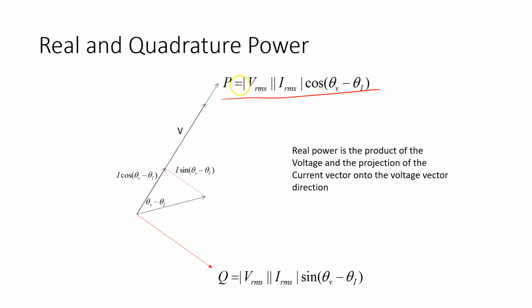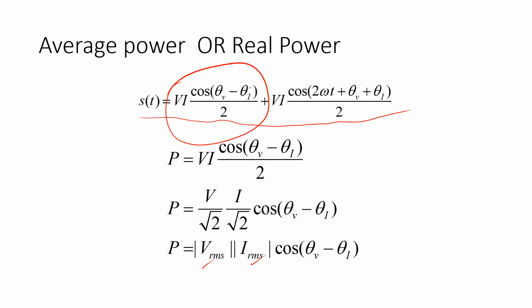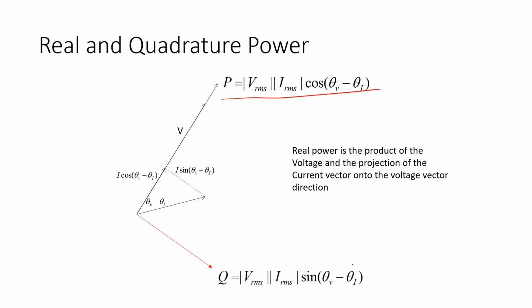Now, here you'll see why, if I go back up, here you'll see why we chose to use the RMS voltage as the magnitude of the phasor as opposed to the amplitude of the voltage as the magnitude of the phasor. So here, if I have VRMS multiplied by IRMS, I would get this directly from the product of my phasors, and we'll see that in a little while.